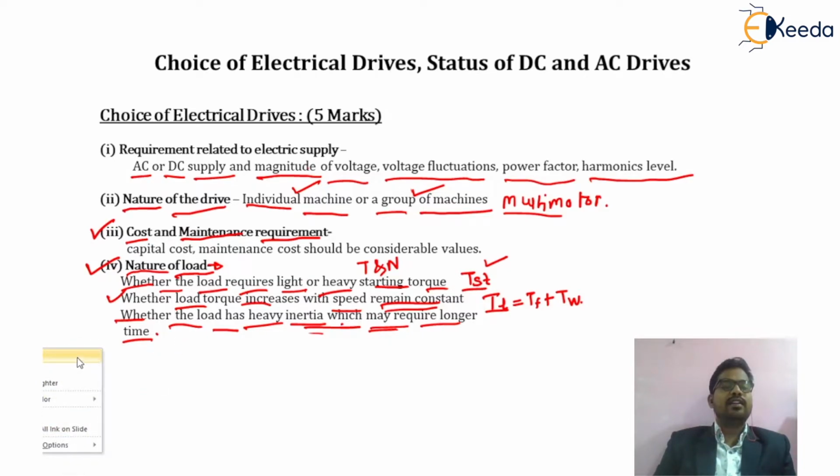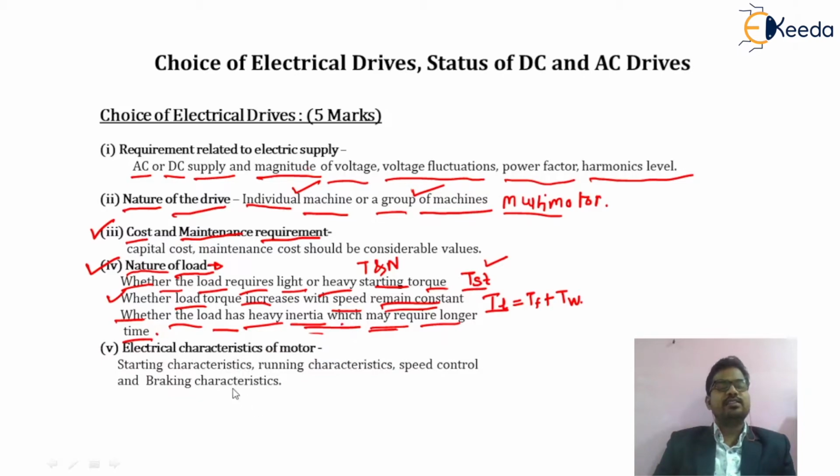Along with that, now we want to understand the next choice of electrical drive, and that is in concern with the electrical characteristics of the motor. So what do you mean by the electrical characteristics? As we know, the motor is the device which converts electrical energy into mechanical energy.